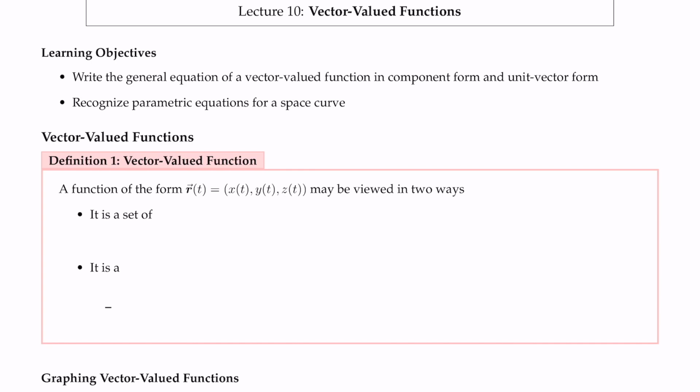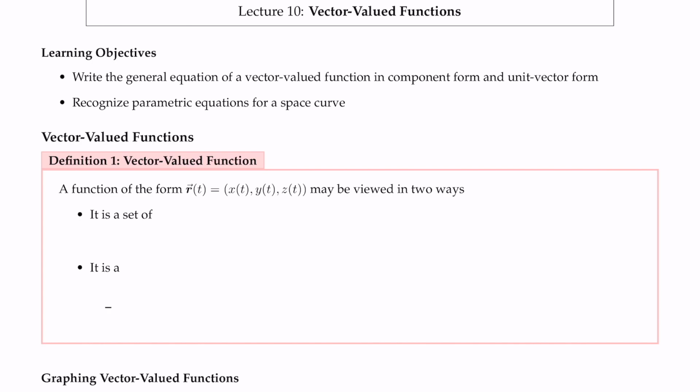Functions of the form r of t equal to x of t, y of t, z of t may be viewed in two different ways. First, it is a set of three parametric equations that describe a curve in space. Those equations are x of t, y of t, and z of t.